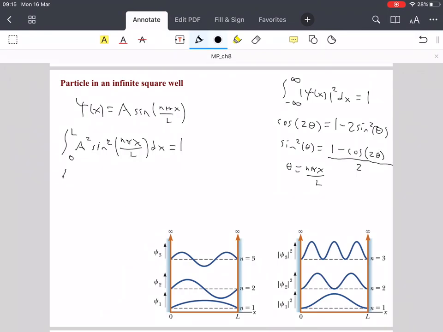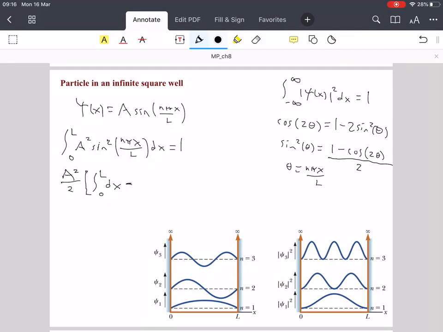So let's do that. So we bring the constant that we want to solve for out front, A squared over 2. And that first term then is just the integral from 0 to L of 1. So that's that term.